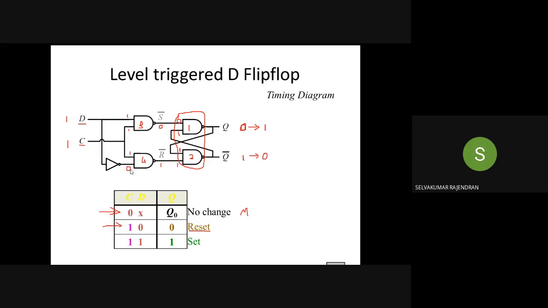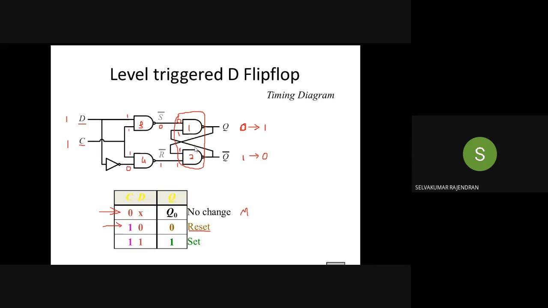Right? So I'm repeating. For the input D equal to 1, NAND gate 3 having logic 1 on both the inputs, so NAND gate 3 produces logic 0. Similarly, NAND gate 4 produces logic 1 because one input having logic 1, another input having logic 0. Then this 0 S bar is applied to NAND gate 1.